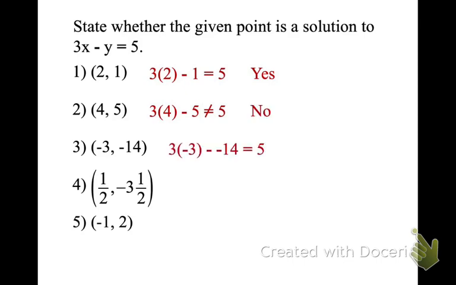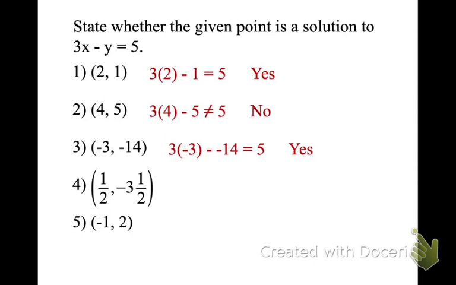Negative 3 for the x, so that would be 6. Negative 6 plus 14, it's still not a solution. Wait, sorry, negative 9, whoops. It's morning, here we go. Negative 9 plus 14 makes 5. Yes, it is a solution.